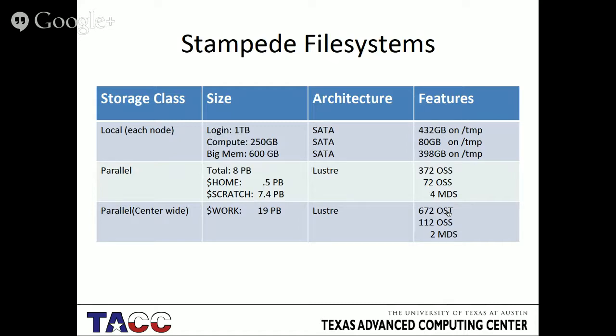And if there are too many I/O operations in a short amount of time, it gets overloaded and things back up. And these OSTs are like the number of RAIDs on the back end. So the more OSTs a file system has, usually the larger the file system and the more parallel bandwidth to the file system.